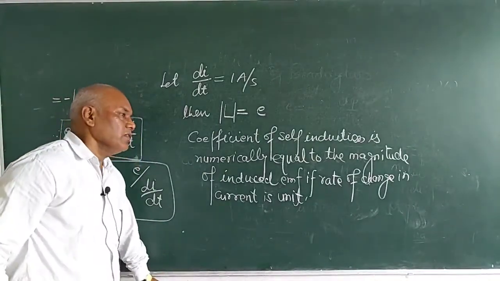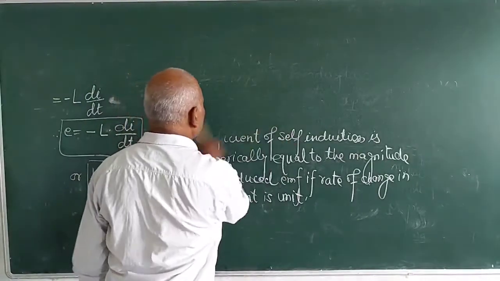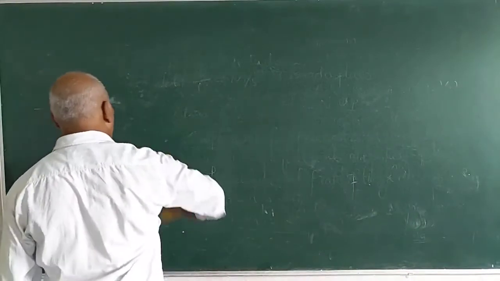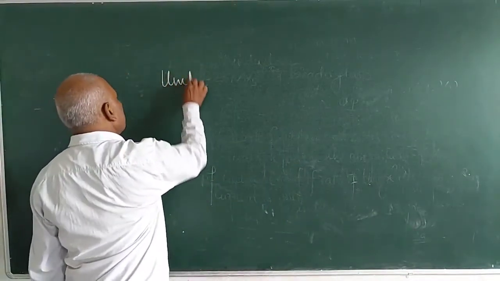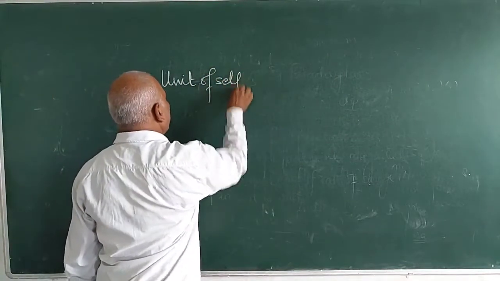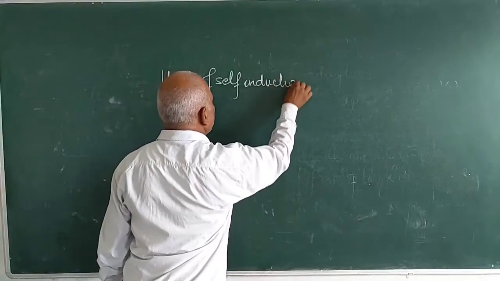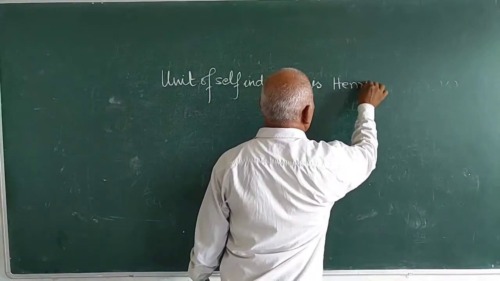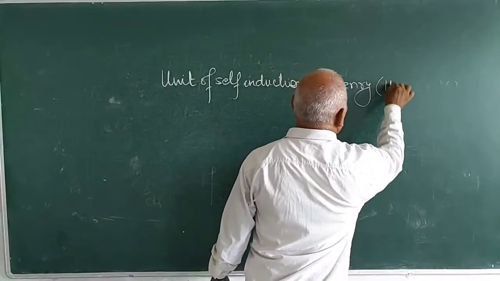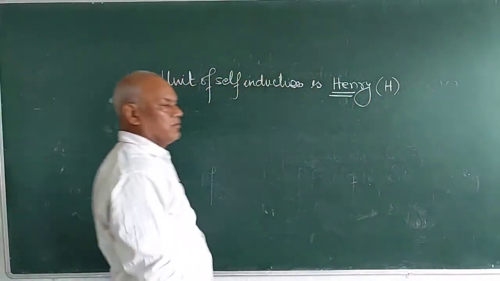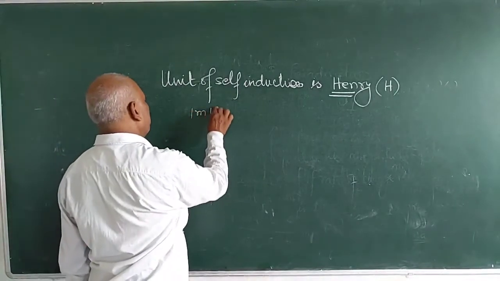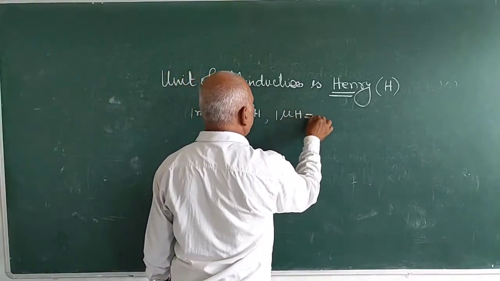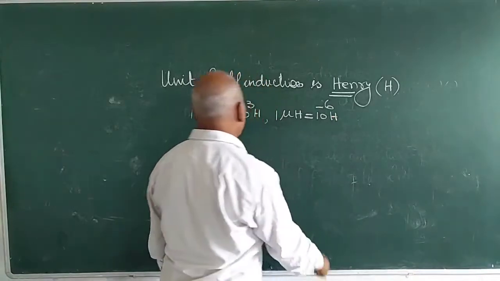Now, the unit of self-induction. The unit of self-induction is Henry, denoted by H. We know that 1 millihenry becomes 10 power minus 3 Henry. 1 microhenry becomes 10 power minus 6 Henry.